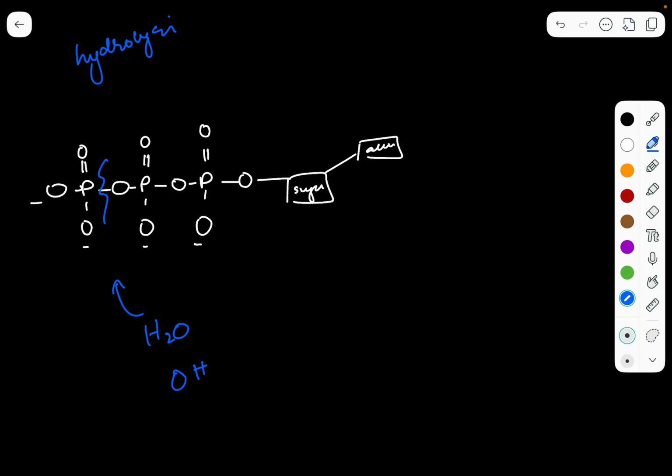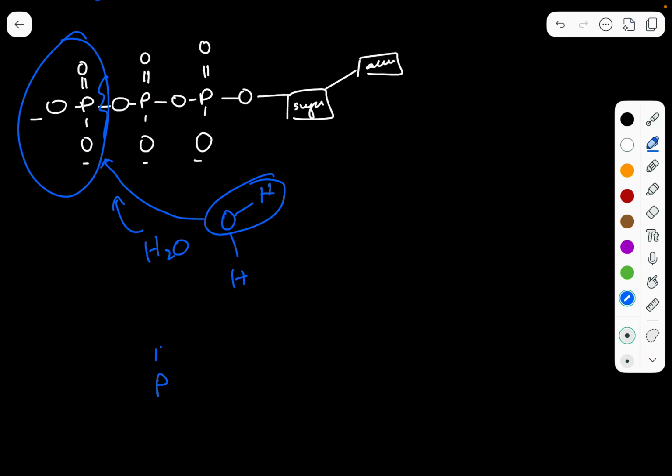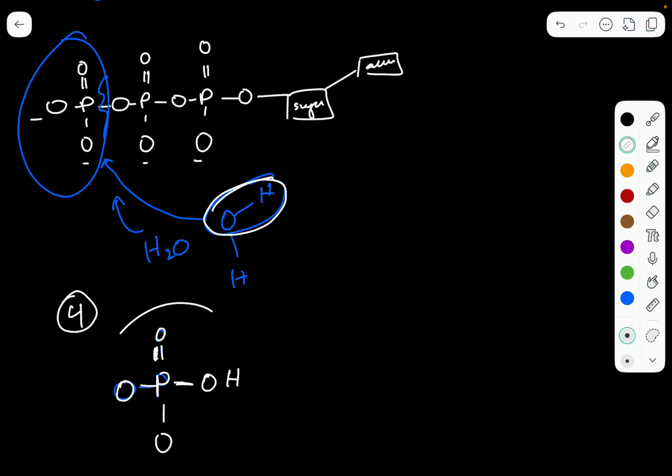The OH from the water molecule will form a bond with the phosphate that we are removing from the equation. So P double bond O, O, O. This phosphate needs to form 4 bonds. We know this from our O-level chemistry. So the O and the H from this water molecule will go and form this bond.